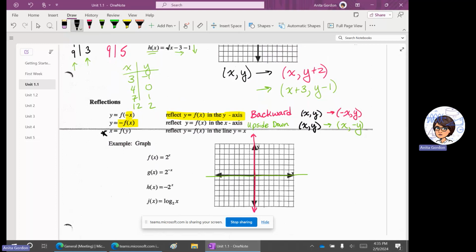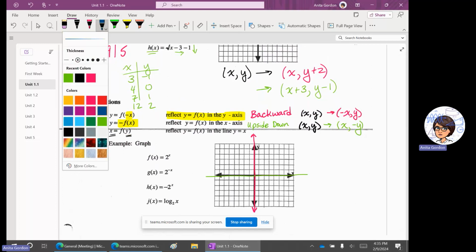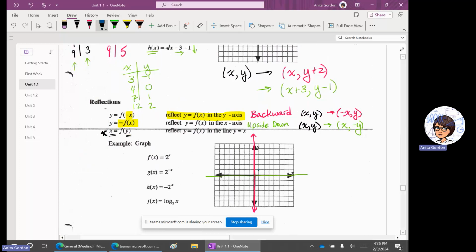And then we have a special case here. We talked a little bit about this in the last lesson. This is an inverse function. Means instead of y equals, I have x equals, and I know my y. This is a special case. I'm going to change my color here to blue, where we are reflecting over the diagonal line.